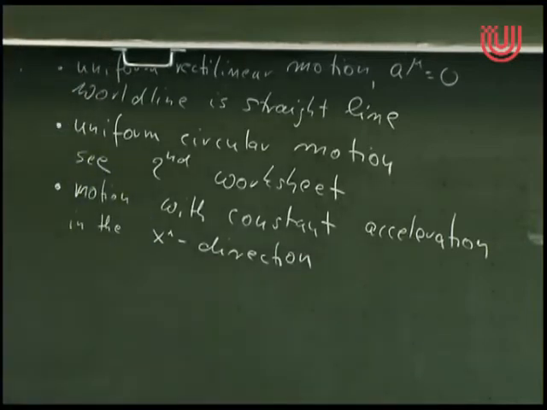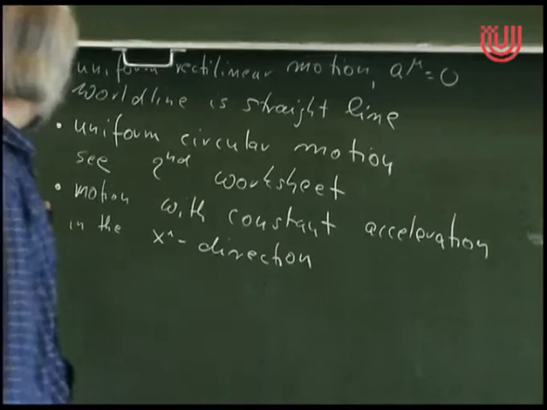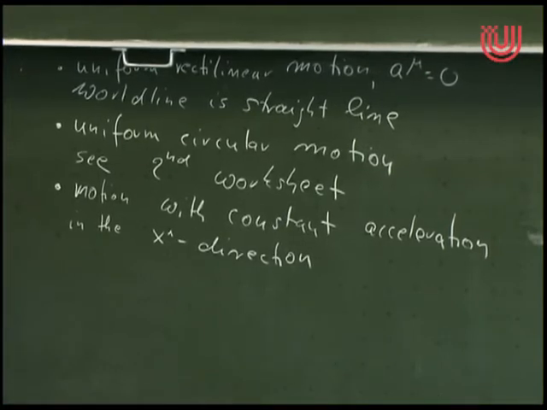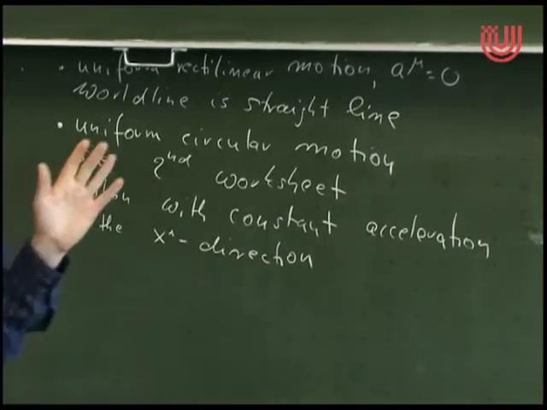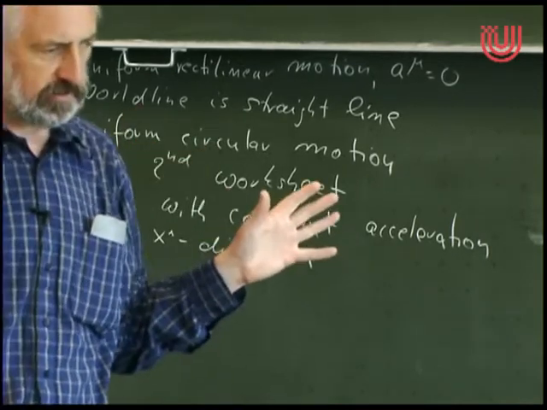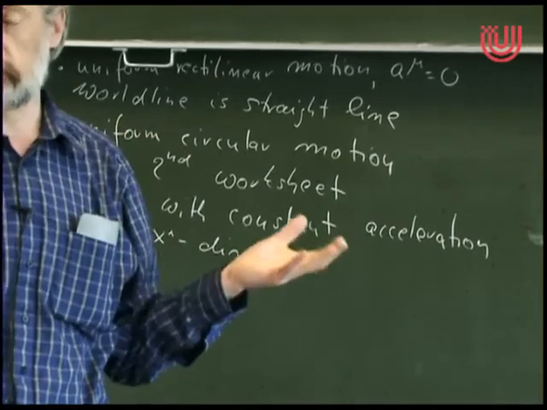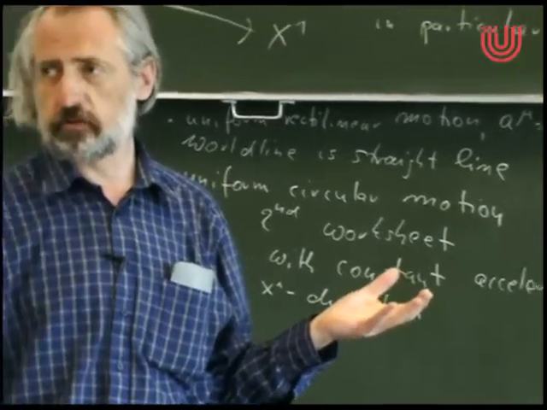I do this in fairly great detail, and there's a reason why I do this, because the observers which we get here, they're the so-called Rindler observers, they will accompany us for a while. They will play a crucial role when we talk about the equivalence principle. Because the equivalence principle, as most of you already know, roughly speaking says that uniform acceleration is the same as being in a gravitational field with a constant gravitational field strength.